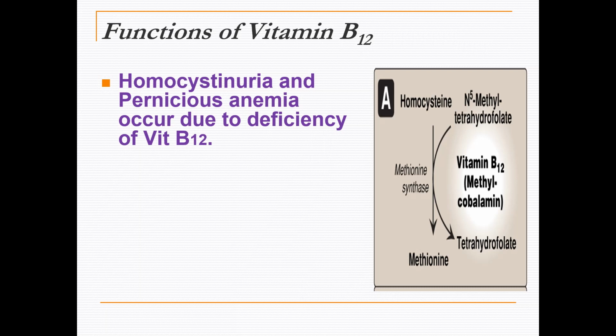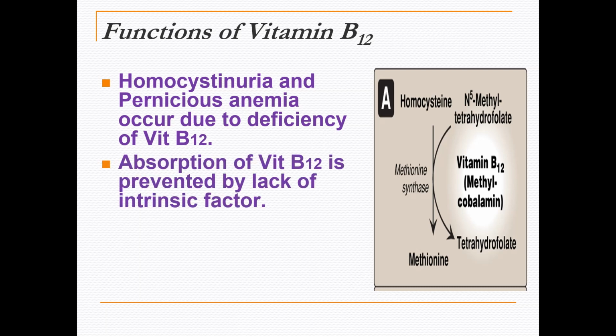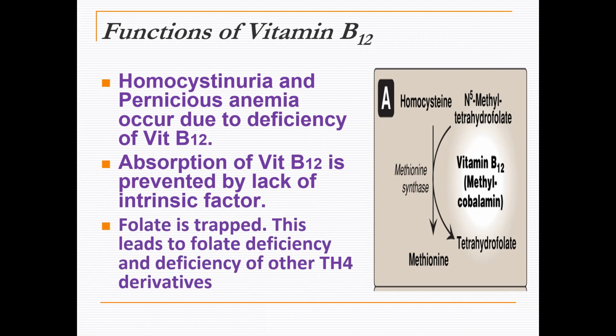This process forms the methionine, and if B12 is not present, then homocystinuria occurs, and pernicious anemia, which is mainly due to vitamin B12 deficiency. Absorption of B12 is mainly dependent on the intrinsic factor. If intrinsic factor is not there, again vitamin B12 deficiency occurs.